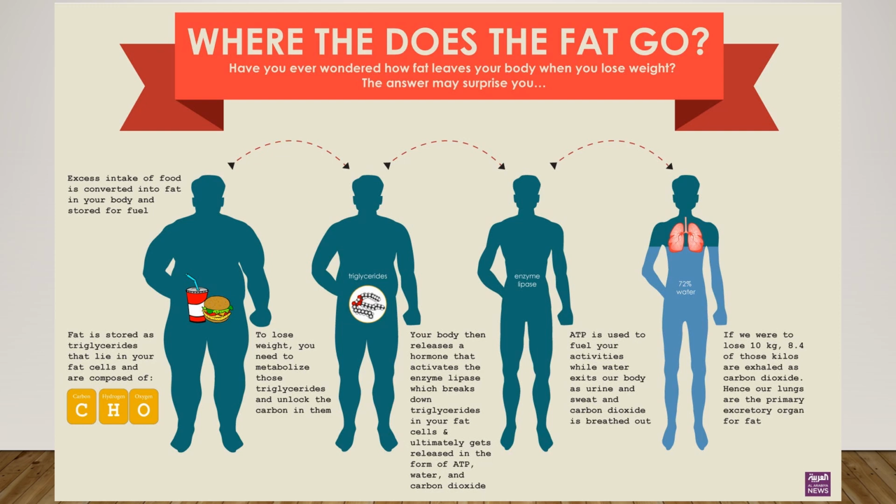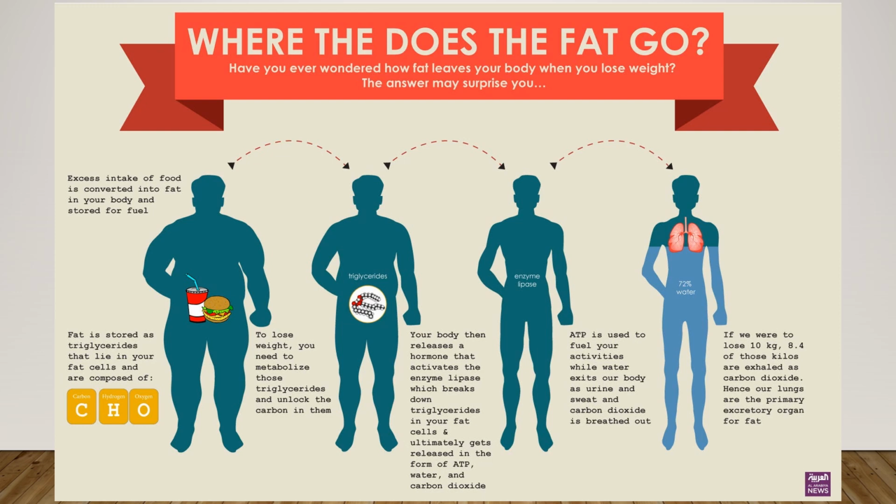So in your fat cell, there were triglycerides, and triglycerides had carbon, hydrogen, oxygen. When your body started working out, it started releasing a hormone that activates lipase, which breaks down the triglycerides, and they ultimately get released in the form of ATP, water and carbon dioxide.